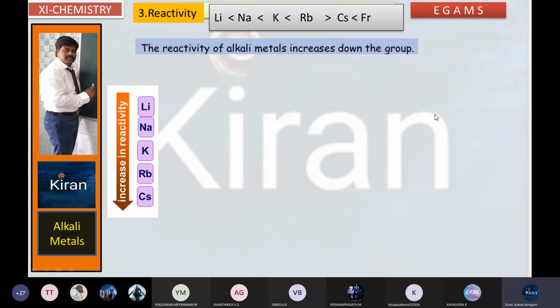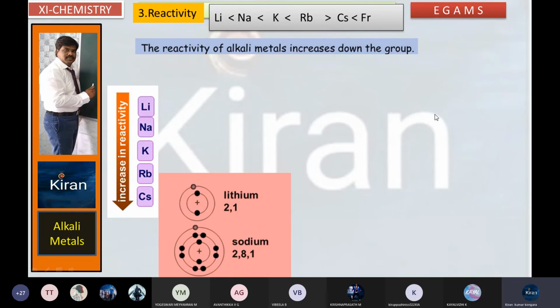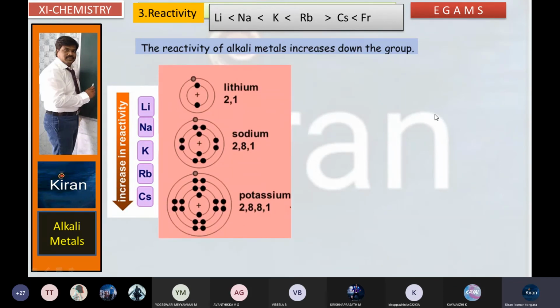Hence, the larger atom can lose its electron easily and get involved in chemical reactions actively, so the reactivity of cesium is high. Observe here, this is the electronic configuration. I am showing only 3 elements, lithium, sodium and potassium. The size is gradually increasing, and the last electron of potassium can be lost more easily compared with lithium and sodium.